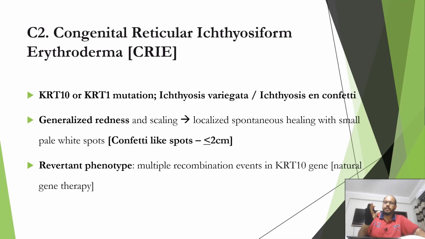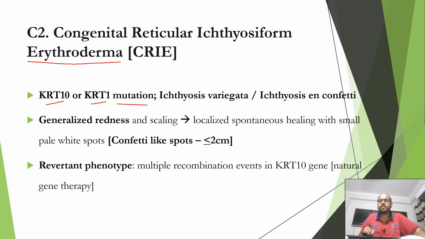Now, we have discussed epidermolytic ichthyosis and its three variants. Now we discuss the second part of keratinopathic ichthyosis, congenital reticular ichthyosiform erythroderma. Focus on erythroderma. Congenital reticular ichthyosiform erythroderma, or CRIE. We are going to say CRIE. It is again because of keratin 10 and keratin 1 mutation, but now the mutation is in some other part of the gene, not the same part as epidermolytic ichthyosis.